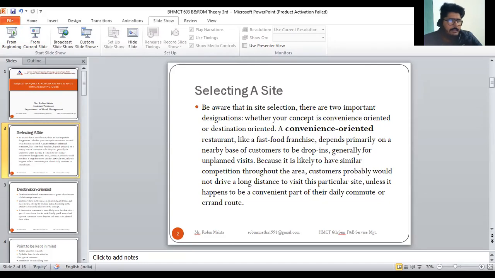A convenience oriented restaurant like a fast food franchise depends primarily on a nearby base of customers to keep drop-ins, generally for unplanned visits. Like why the guests choose a convenience oriented restaurant, or why we are opening a convenience oriented restaurant.